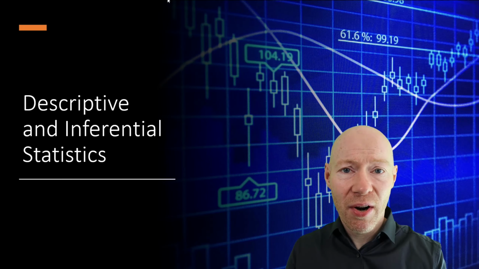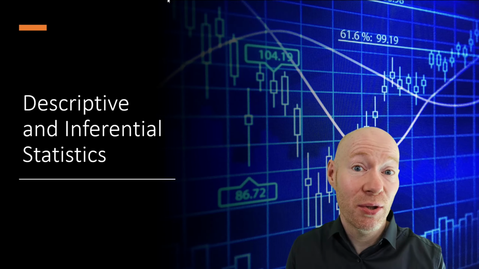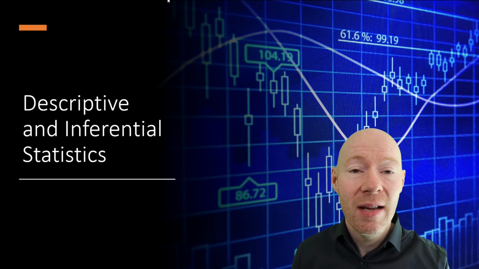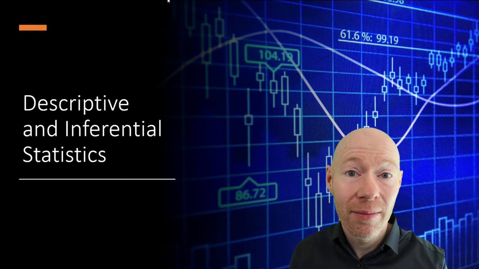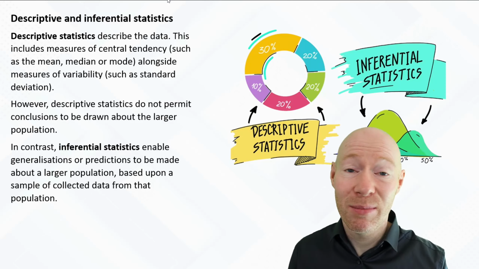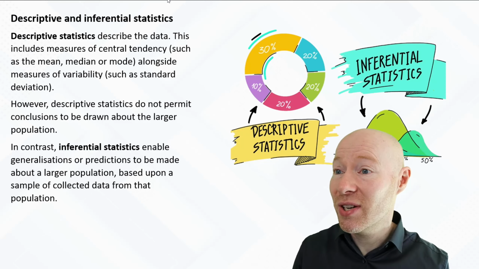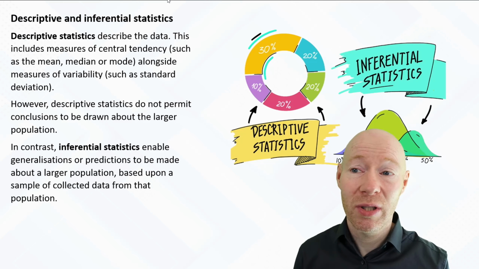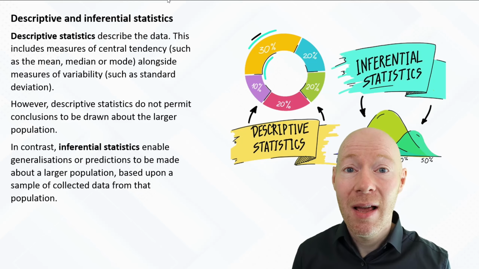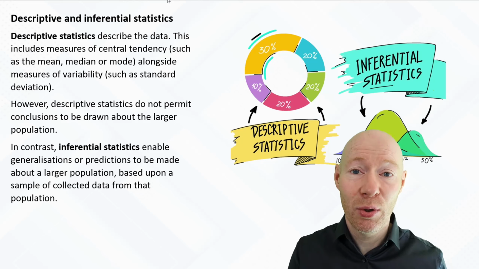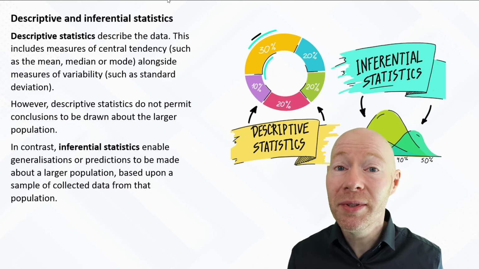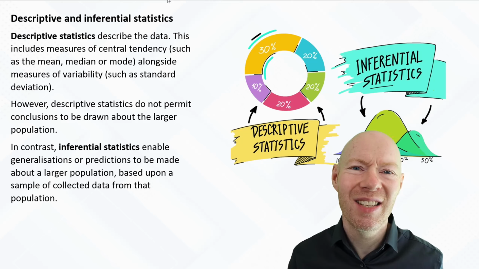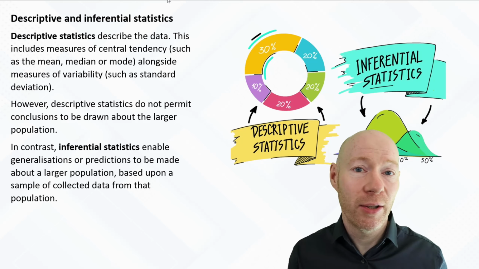We'll start off by describing what both descriptive and inferential statistics are. And the names kind of give it away. Descriptive statistics describe the data. When we talk about measures of central tendency, we're simply saying that if you have a sample of 20 values and you wanted to pick one value that describes that, what value would you pick?